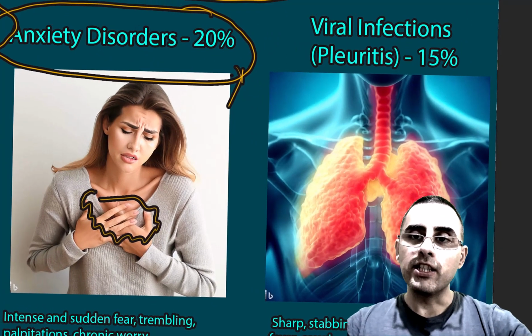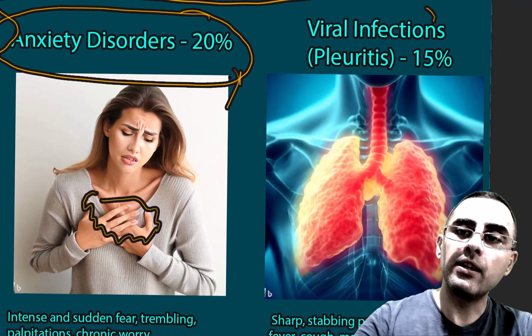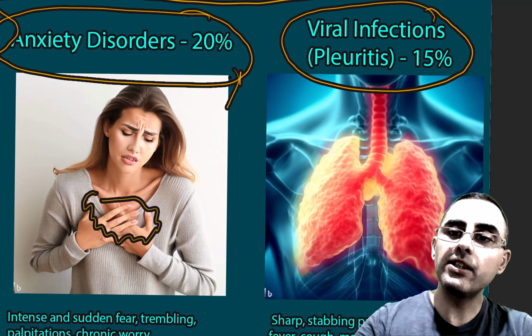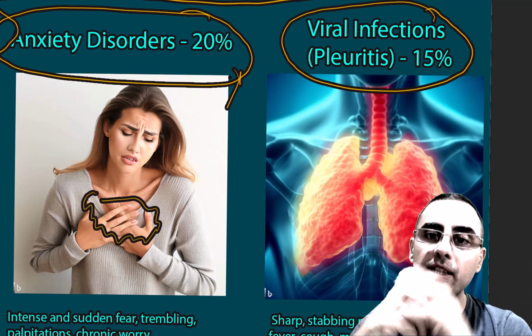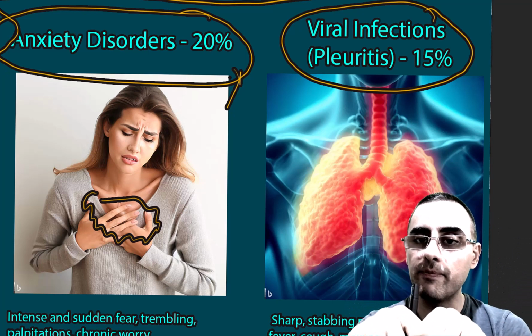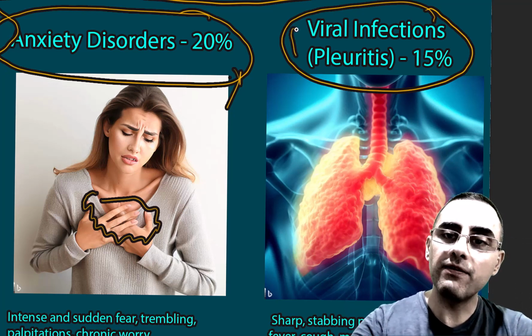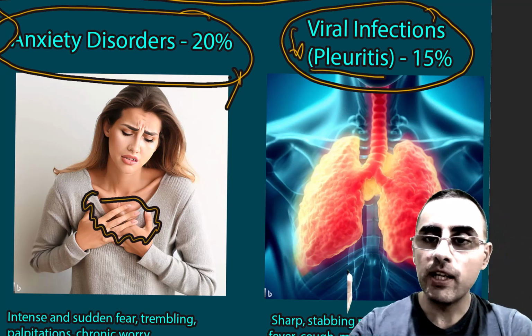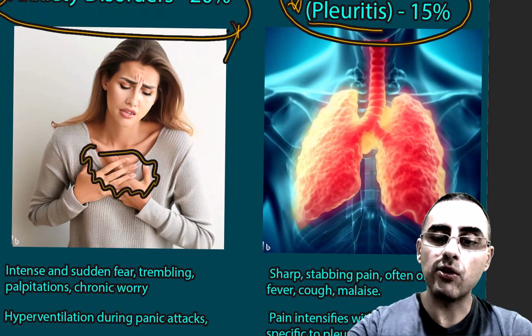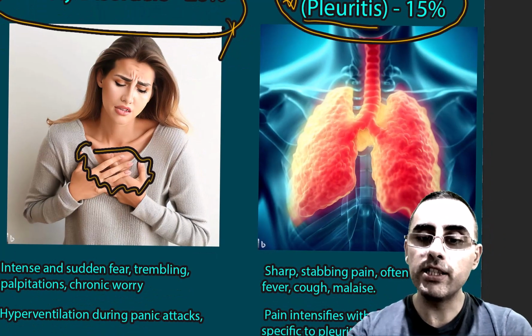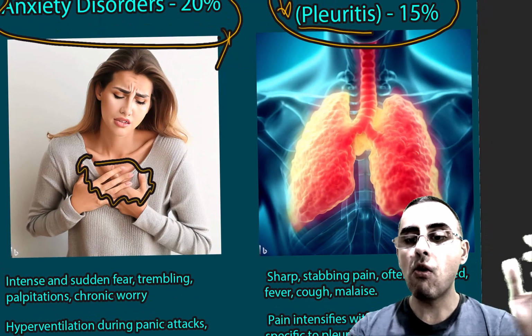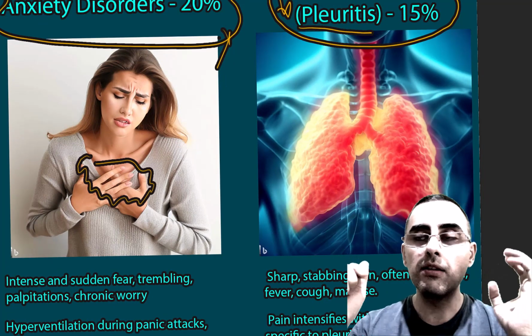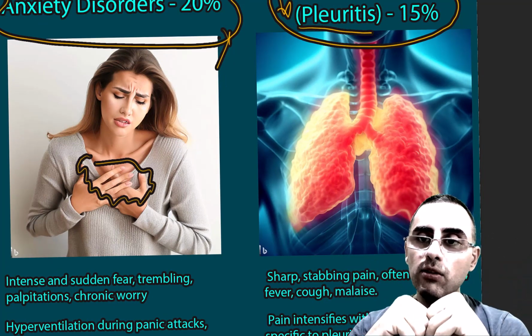Viral infection is important. The probability of viral infection is 15%, but it's more common among children. This viral infection can cause pleuritis, especially the influenza virus or coxsackie virus. Pain is sharp, stabbing, and often one-sided. Fever, cough, and malaise are also common.